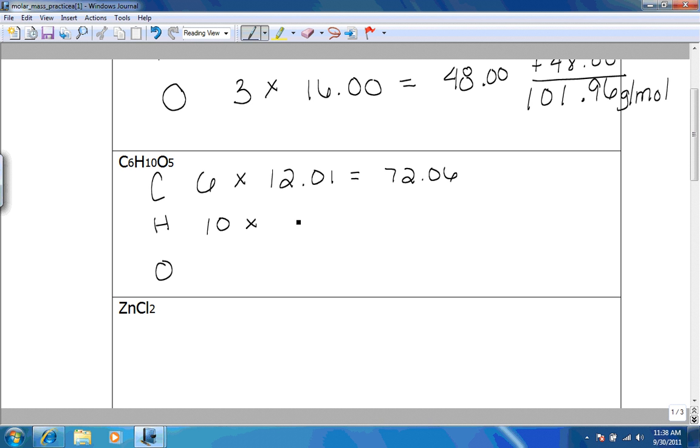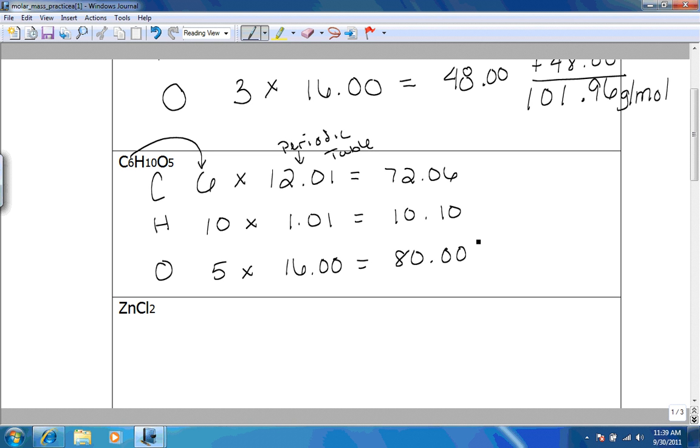Now hydrogens, we have 10 hydrogens. And hydrogen, when you look on the periodic table, on the upper left-hand corner, it's 1.01. So that comes out to be 10.10. Then we have 5 oxygens, which is 16.00 when you look on the periodic table. Remember, these numbers came from the periodic table, and these numbers came from the chemical formula itself.